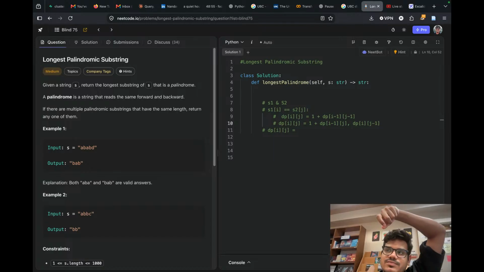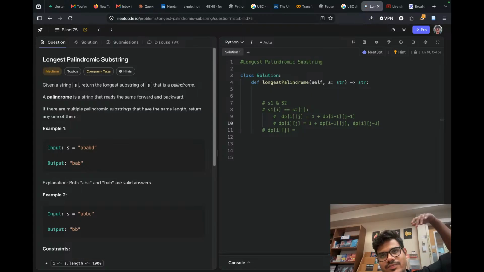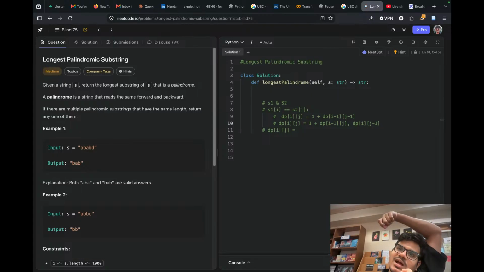So when they're matching, certainly the max will be, you will include this, and then you will check for the rest. If they are not matching, the max will be either till here, the longest common subsequence that we formed, or till here, because we have computed both of them as well.